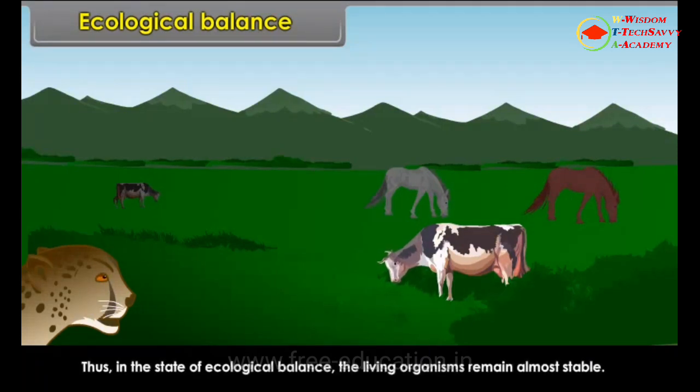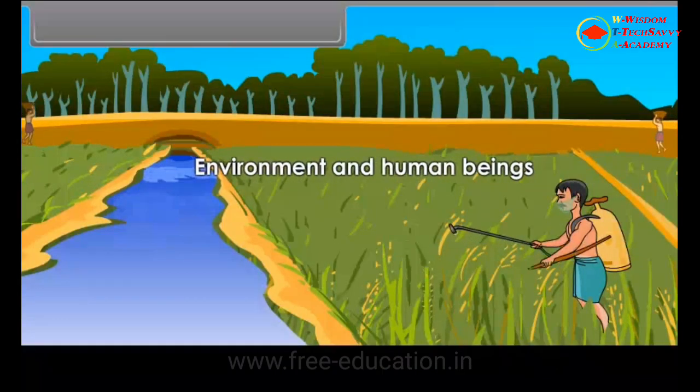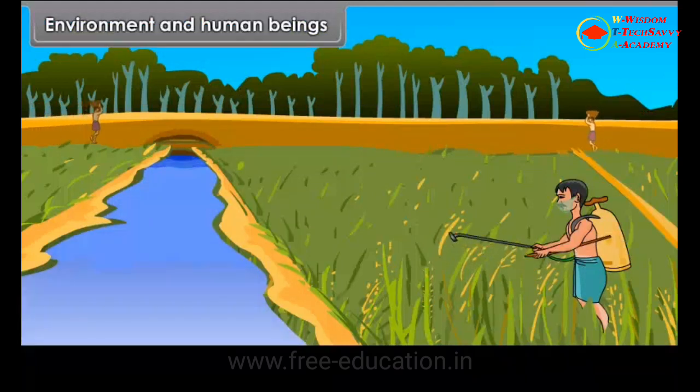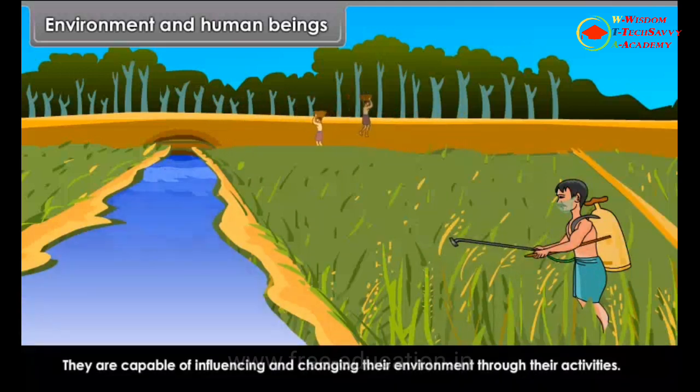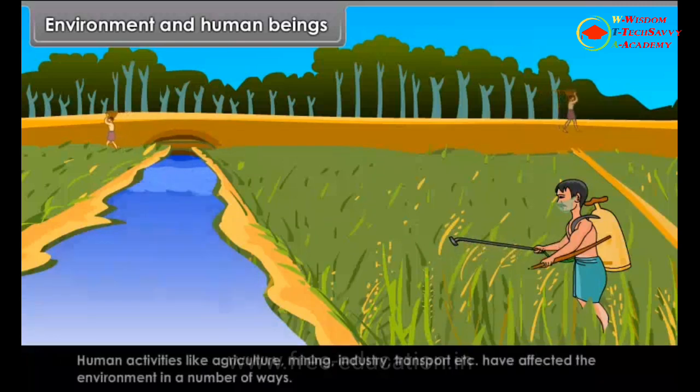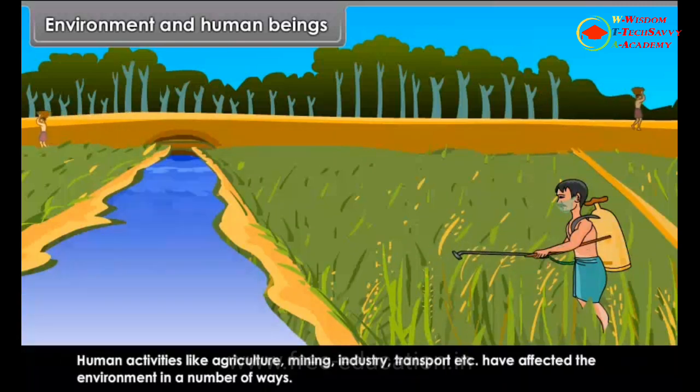Environment and human beings. Human beings are an important species among the living creatures. They are capable of influencing and changing their environment through their activities. Human activities like agriculture, mining, industry, transport, etc. have affected the environment in a number of ways.